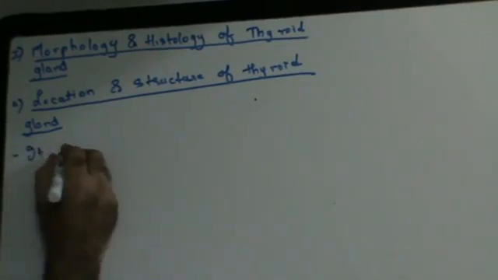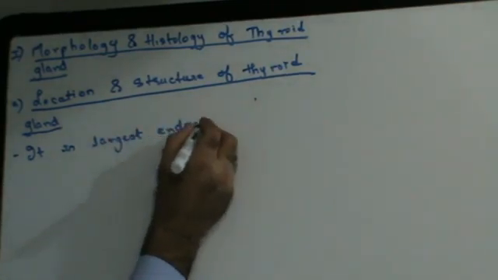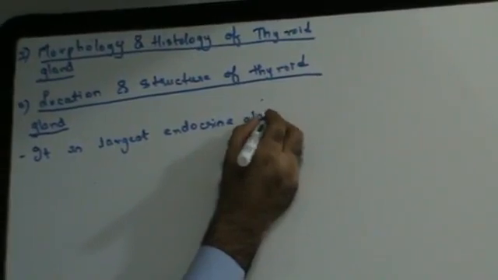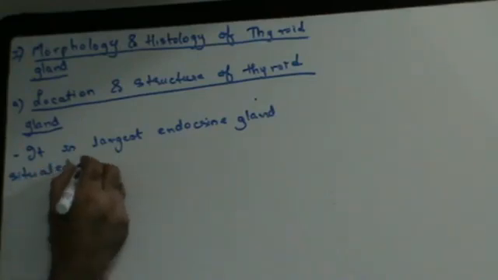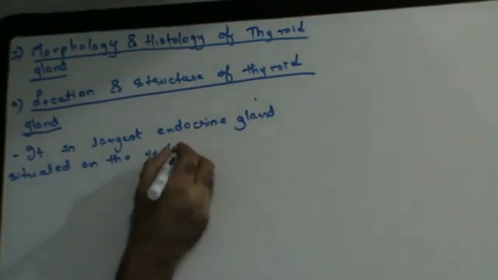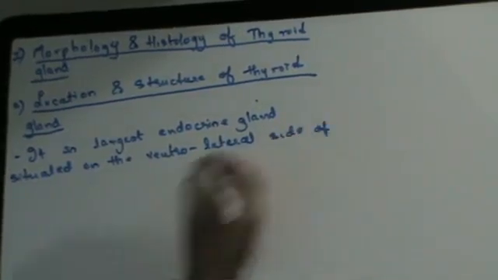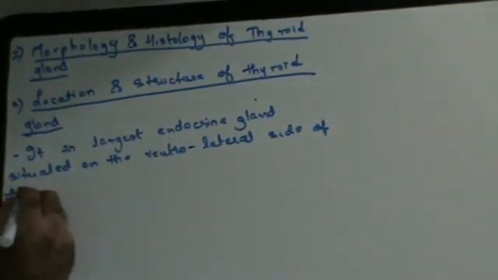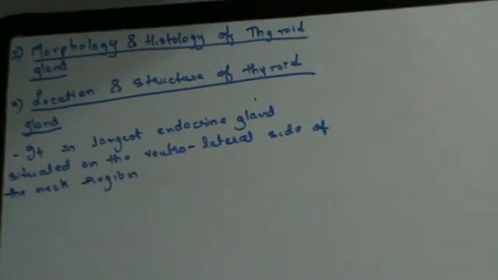It is the largest endocrine gland situated on the ventrolateral side of the neck region, below the larynx.